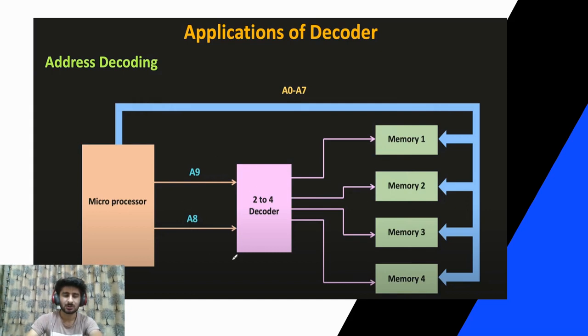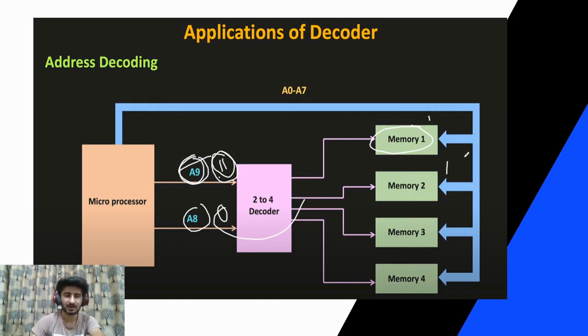Depending upon its input lines, one of the memories will be selected, and that is used for storing or reading something according to our need. If the first input line is zero and the other is also zero, the first memory will be selected. If the first line is one and the other is zero, then the second memory will be selected. According to the inputs, the respective memory will be selected. So it is also used for address decoding.